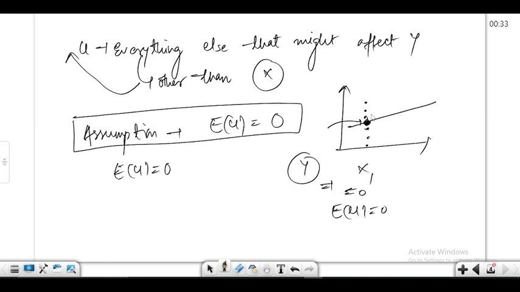Like, if this is u here and this is u here, suppose this is plus u and this is minus u, plus from the reference point is this point, okay? So this is plus u, this is minus u. If I add these values, the expected average value will come to be 0. So the model is created in such a way that this assumption holds, okay? Your expected value of the error term is equal to 0.